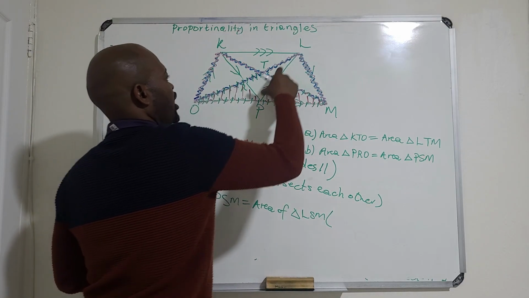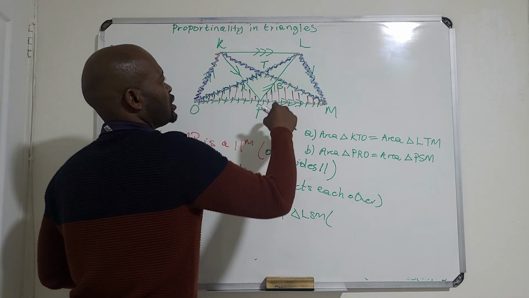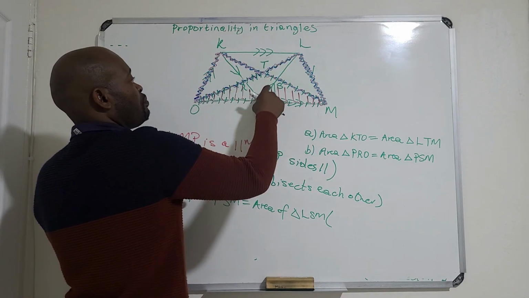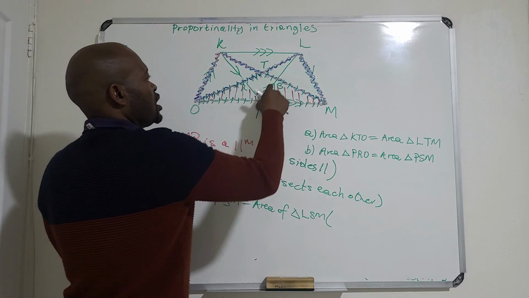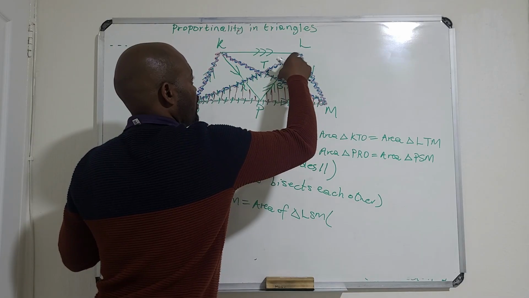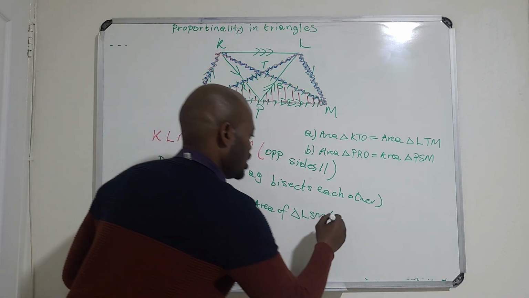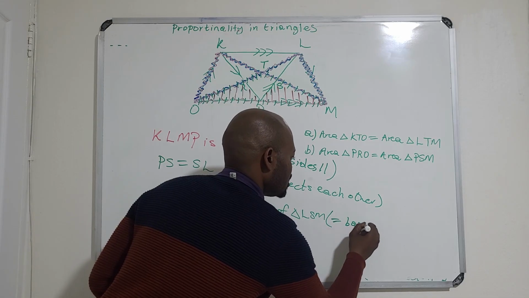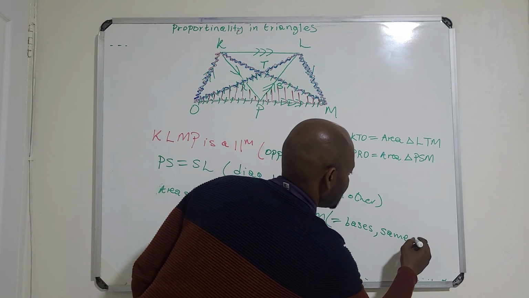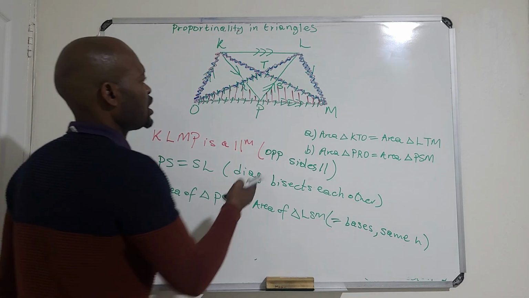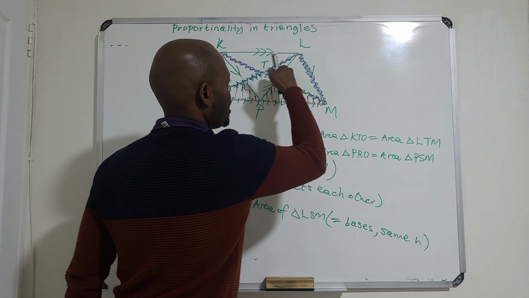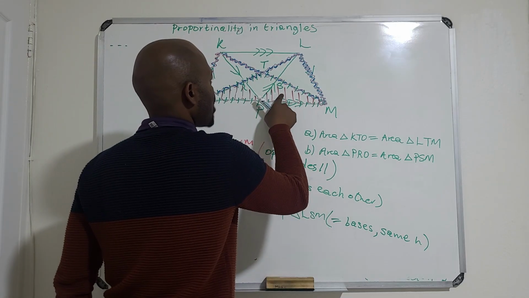It is because they've got equal bases. Since PS is equal to SL, their height is the same and their bases are equal. Equal bases and same height.